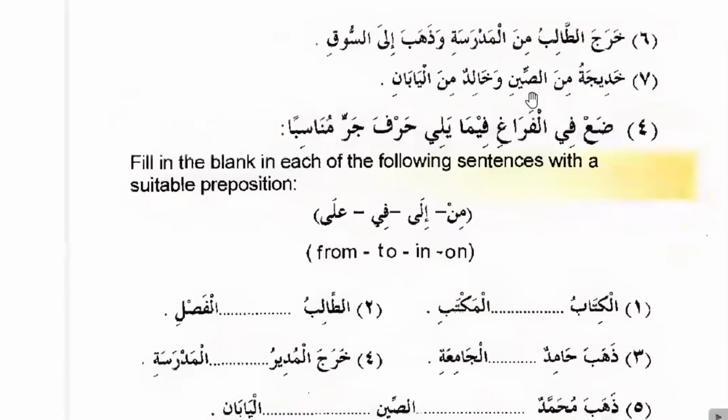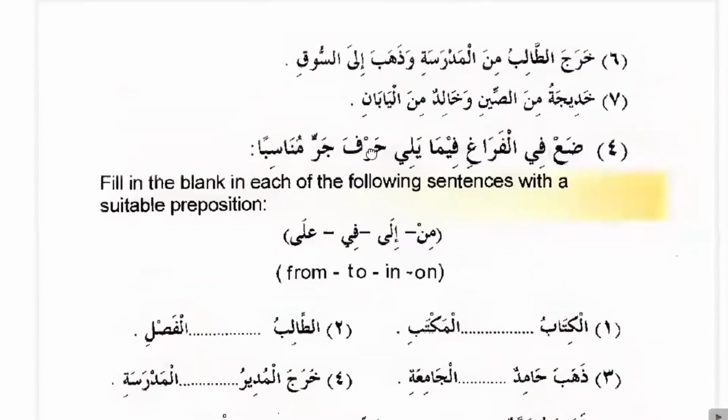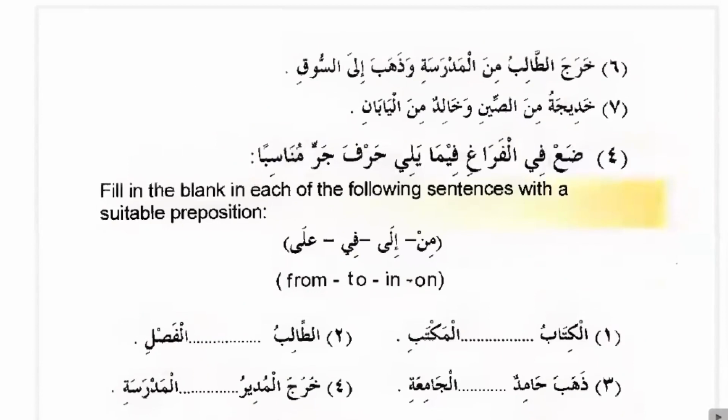Okay. So we have here kharaja. Kharaja man? Kharaja talibu min al-madrasati wa zahaba ila suki. Kharaja talibu, the student, the male student, of course. Kharaja left min al-madrasati, from the school, wa zahaba ila suki, and then he went to the market.